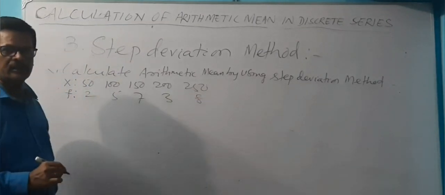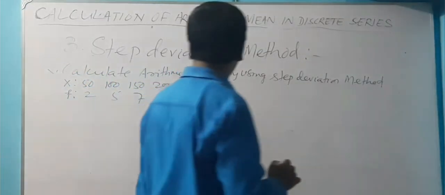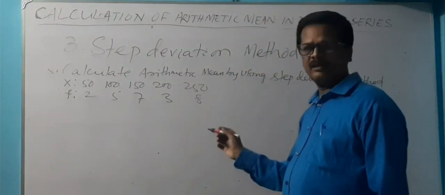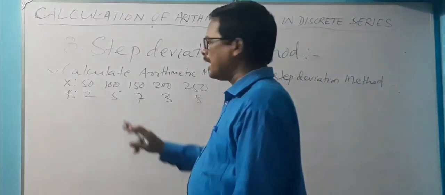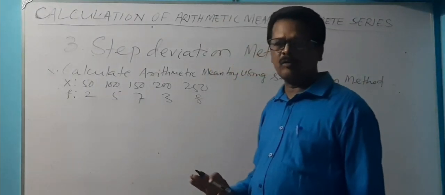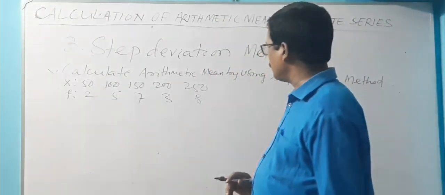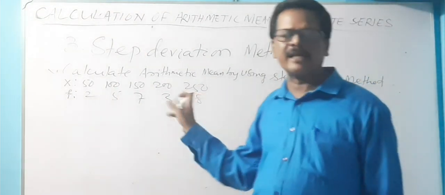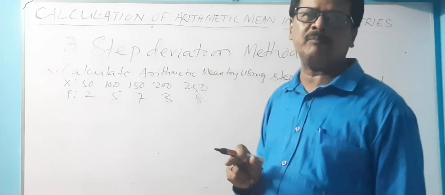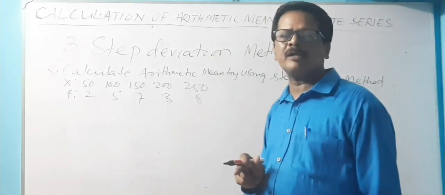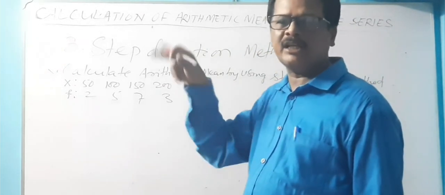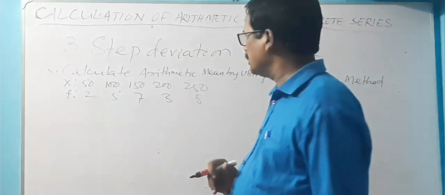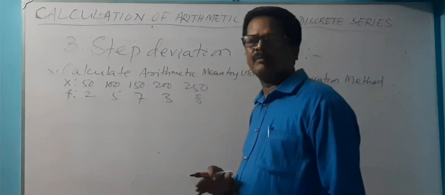Write down the question first. Now x values and f values are given. We will calculate arithmetic mean. The formula for calculating arithmetic mean is x bar is equal to a plus summation f d dash by n into c, where d dash is equal to x minus a divided by c. So x and f are given.